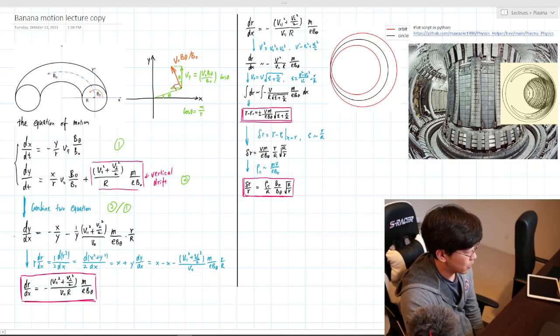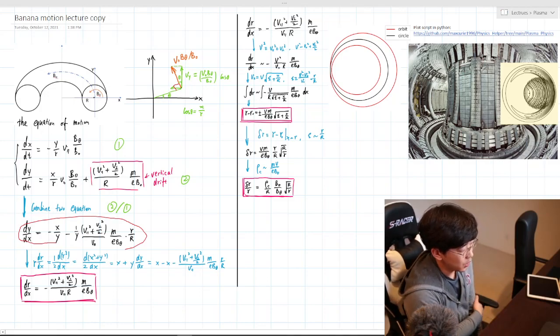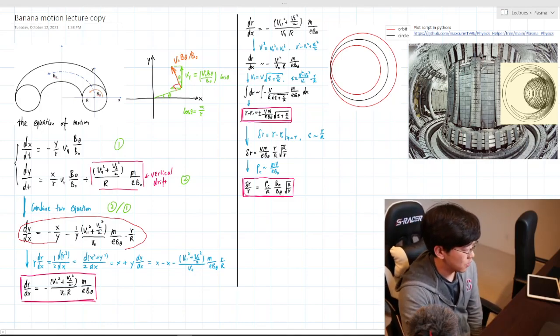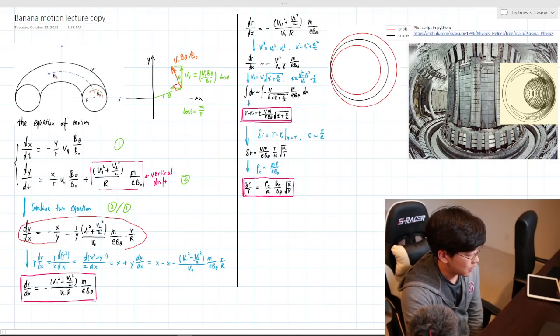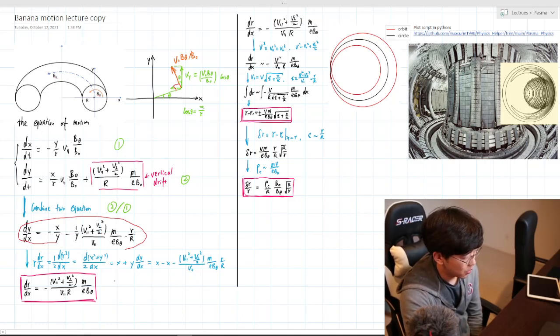We can transform this equation to use the radius r. So r dr/dx equals half d r squared over dx, and since r squared equals x squared plus y squared, we can have this, since obviously dx squared over dx is 2x, and then we use the chain rule to get the second term.